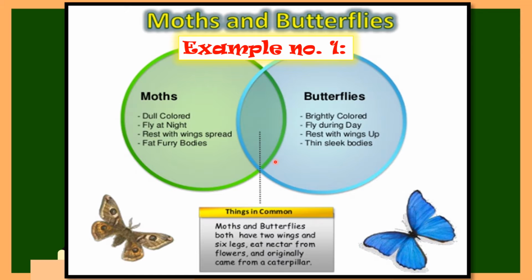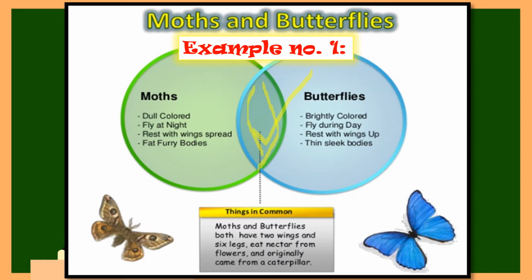So, the common features are put into this common area. So, ito po yung ating common area ng ating Venn diagram. So, where the two circles cross each other and overlap, the overlapping region is called the intersection. So, this one. This is our intersection.